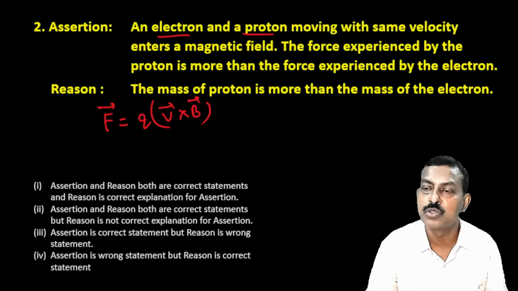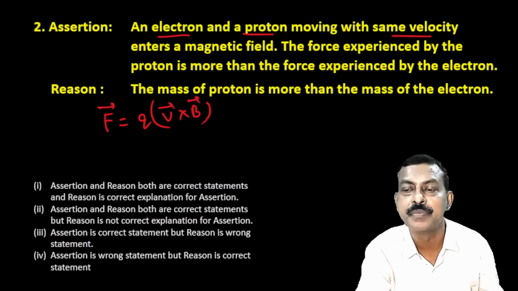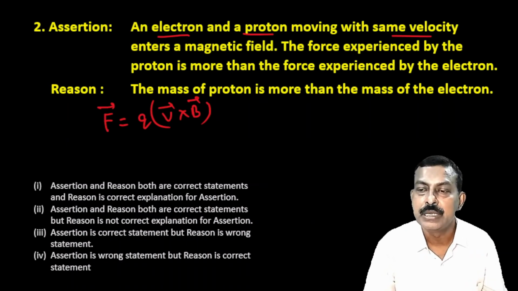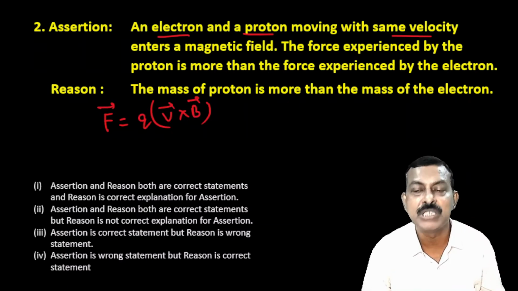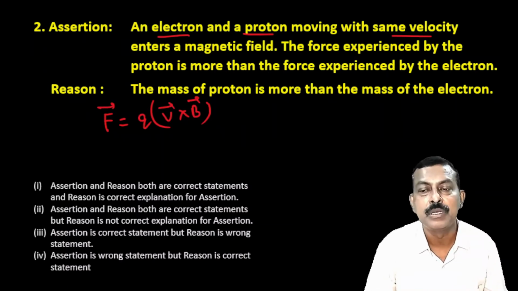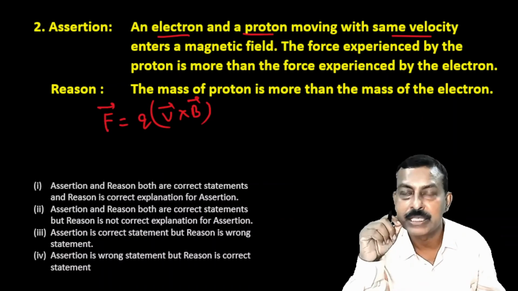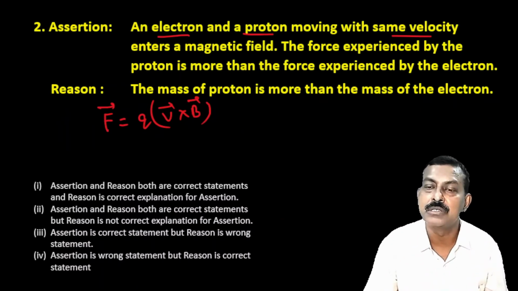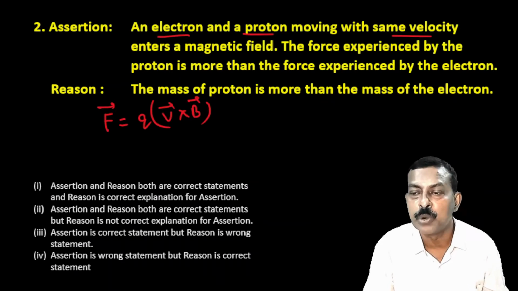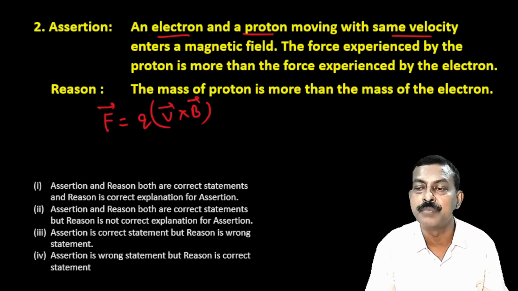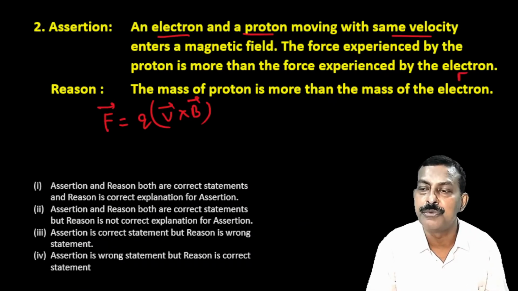They are also moving with the same velocity. So obviously, the force experienced in magnitude will be the same, because q is the same, V is the same, and they are entering the same magnetic field, so B is also the same. So if it is said that the proton will experience more force than the electron, this is a false statement.